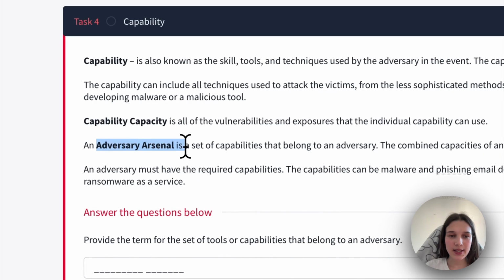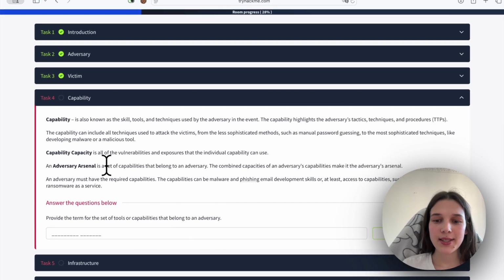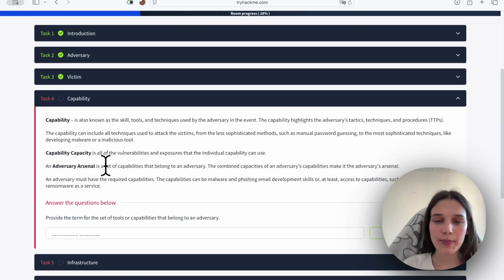And adversary arsenal is basically when you have a set of these attacks. So you use phishing and maybe another type of attack to ensure that your attack will be executed. In this case, capability is most likely about how much time the person can spend on the attack. One person may be working another job full time, so they have maybe 4 hours a day to spend on attacking another person, a computer, or an organization.